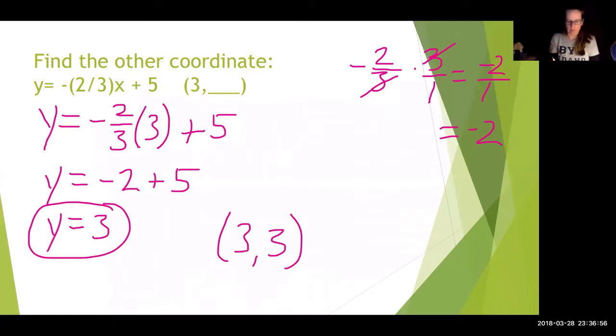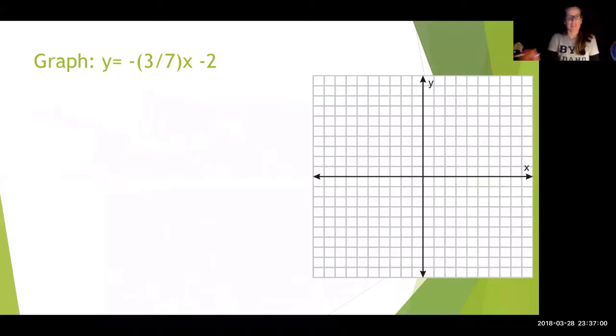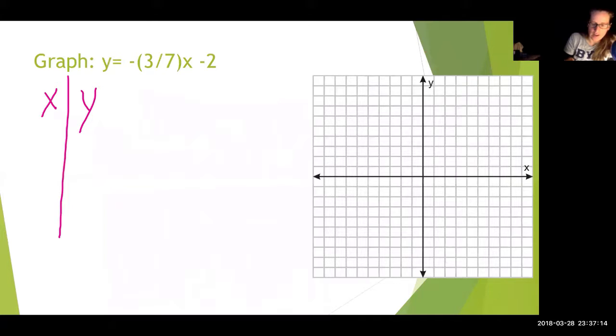Kind of cool. All right, let's go on to our next one. We're going to graph. Ooh, we have an equation here that has a fraction in it. We're not going to panic. We know how to deal with fractions. So the easiest way to graph is to make a nice XY table like this. We're going to pick out some x's and then put them into our equation and find out what the y's are.